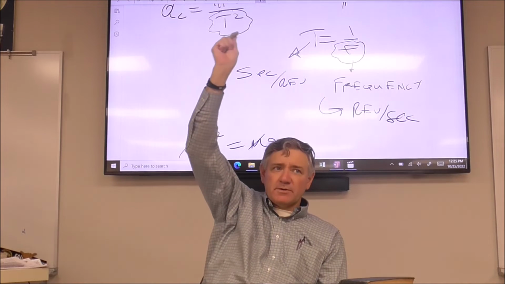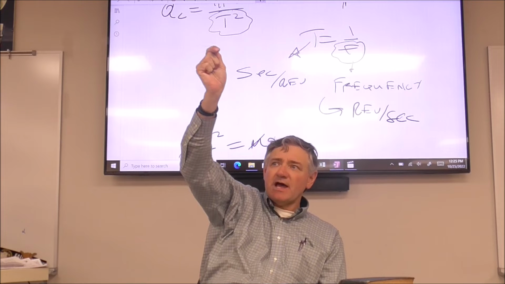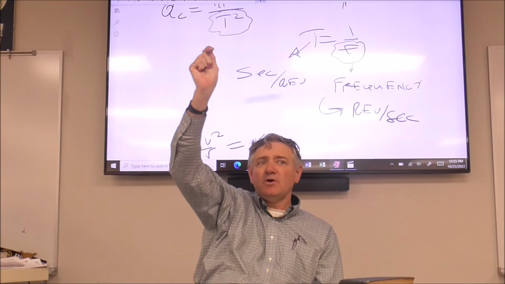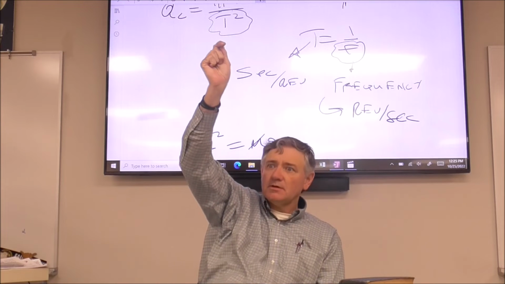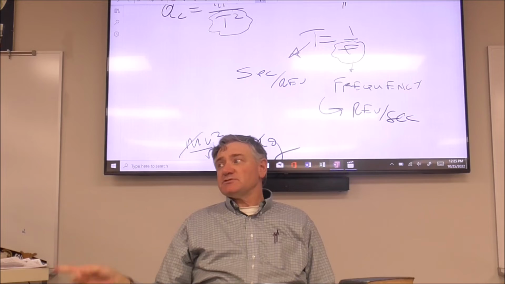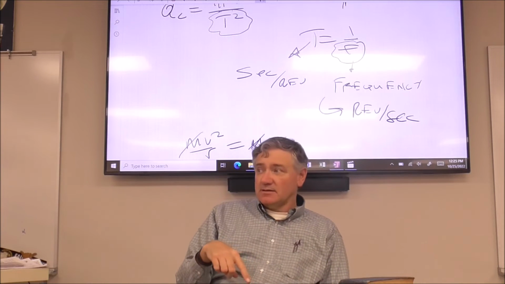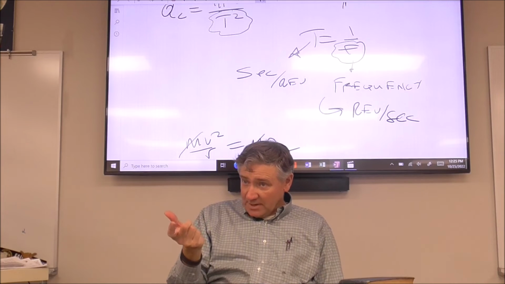Now, what I'm going to do, though, is I'm going to make it spin faster, okay? So as I make it spin faster, what happens to the time for one revolution? It decreases. But what happens to the number of revolutions that it makes per second? That increases. So these are inverses of each other, okay?